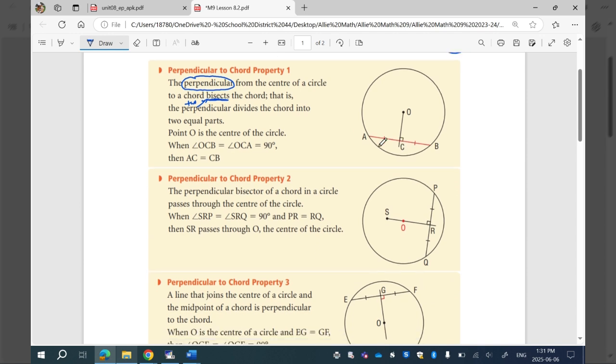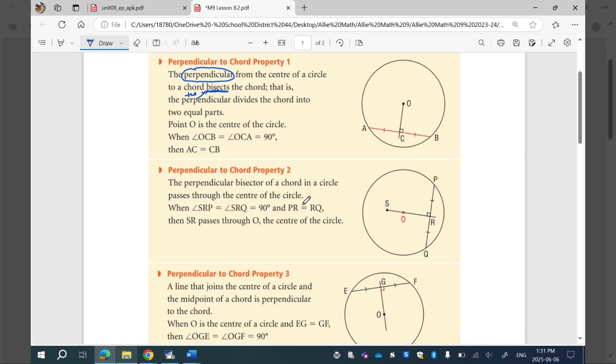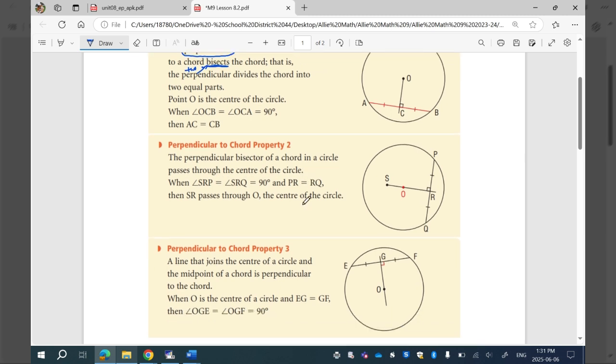Okay, so really, I think all of this info is kind of contained in the other parts, but let's move on. Property number 2, the perpendicular bisector of a chord in a circle passes through the center. So I guess we're kind of working in reverse here. If we started with this chord, and we were able to bisect it perfectly, then that line would pass through the center.